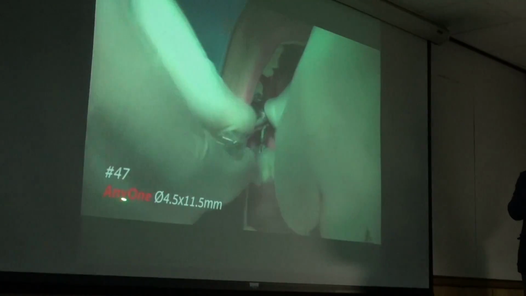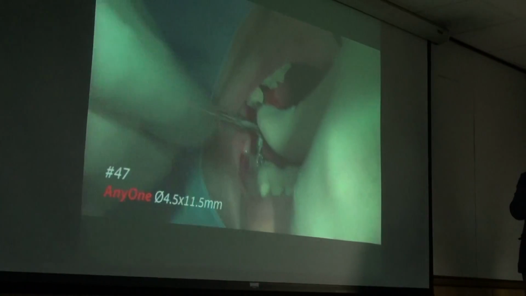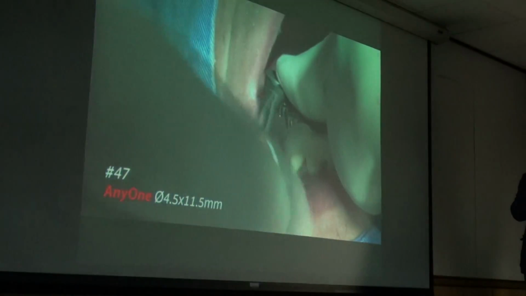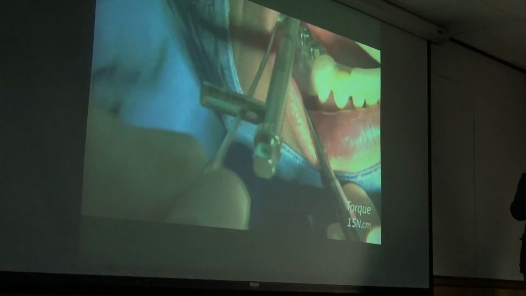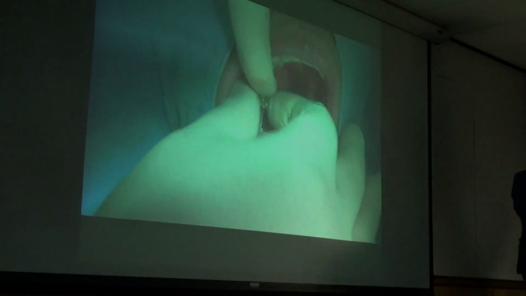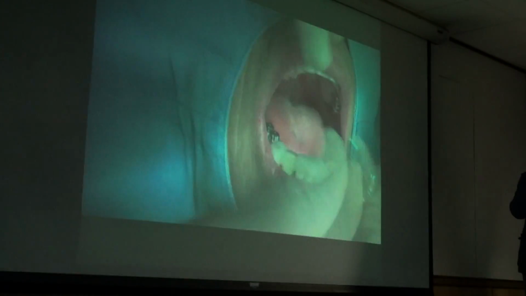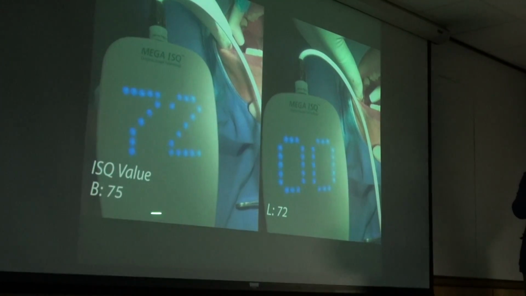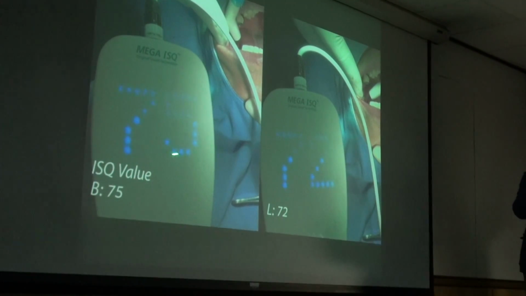It's an N1 implant, and it also has a deep thread. I put in the implant and checked the torque, obtaining 50 newtons. Remember the 50. When I checked the ISQ value, it was 75, 72. It means that even in loose, soft bone, we can obtain high ISQ values.